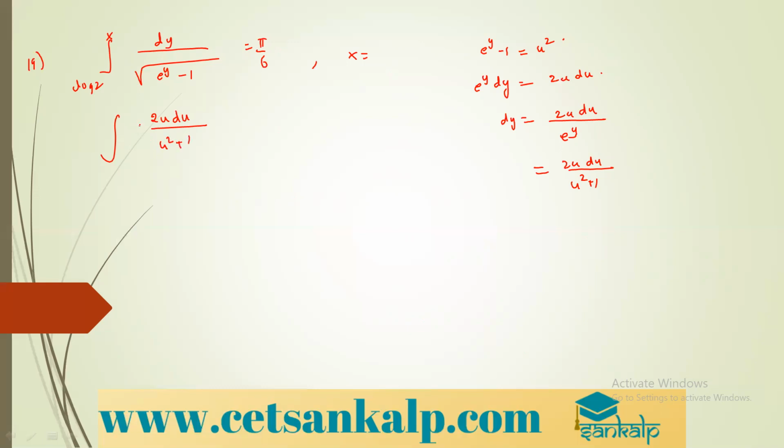Whereas another u will be there in the denominator. So this u and this u will cancel.